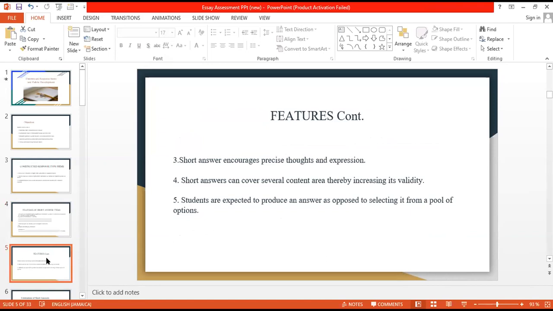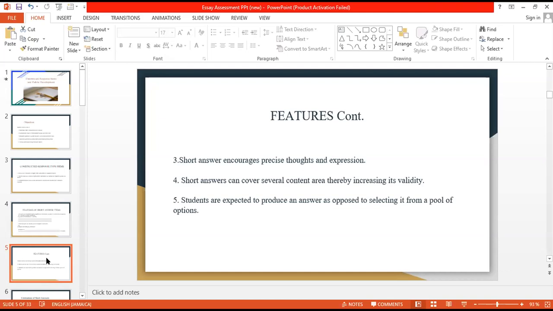Short answer encourages precise thoughts and expression. They can cover several content areas, thereby increasing its validity. So with a short answer test type, you can set short answer tests on multiple topic areas that you would have covered with your class. Students are expected to produce an answer as opposed to selecting it from a pool of options.